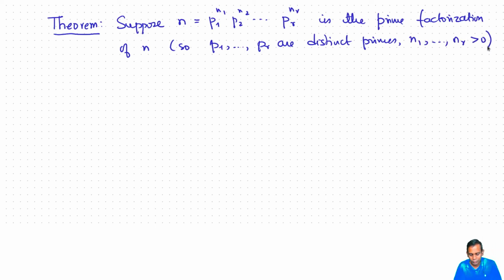So for example, for 360 we had p1 is 2, n1 is 3, p2 is 3, n2 is 2, p3 is 5, n3 is 1.